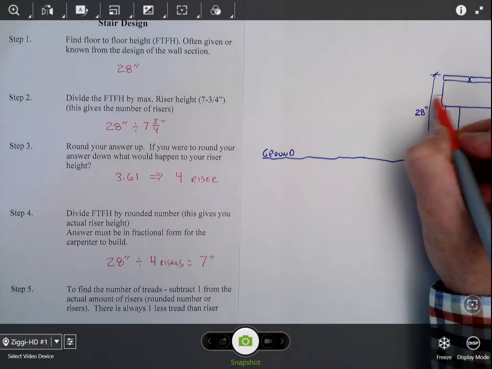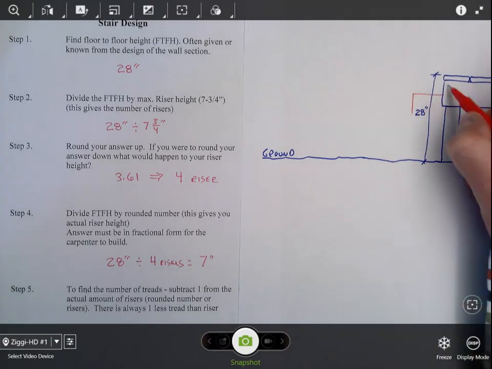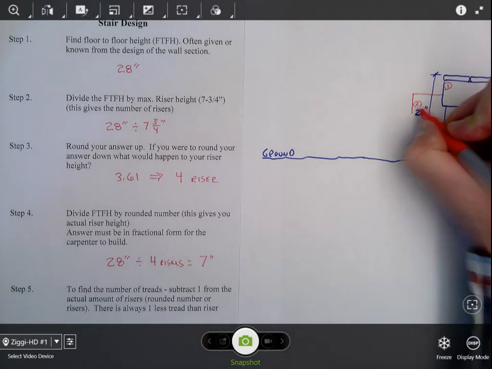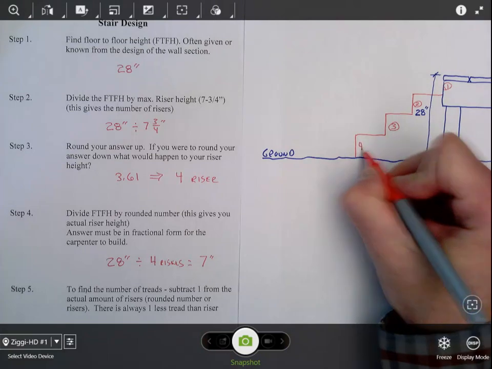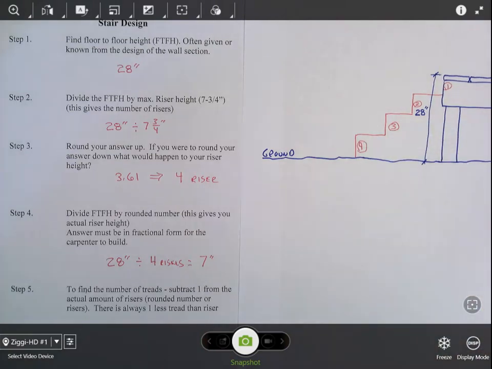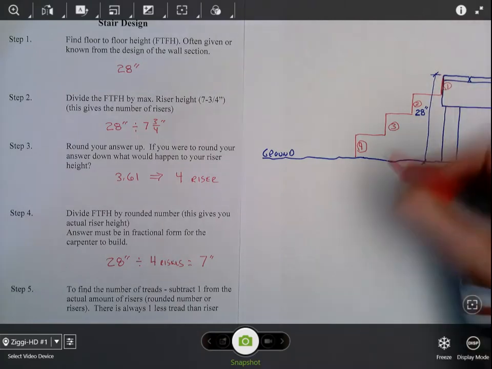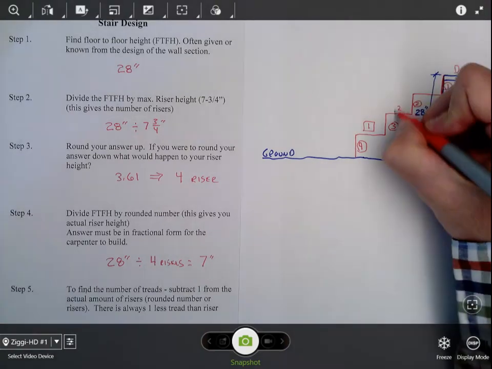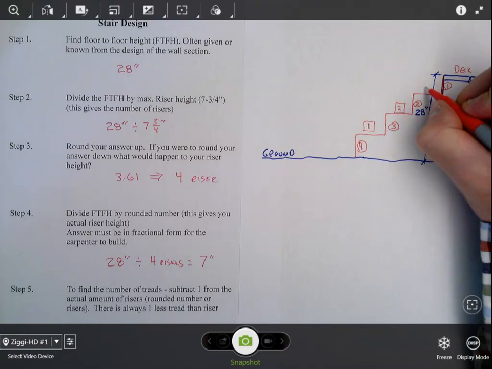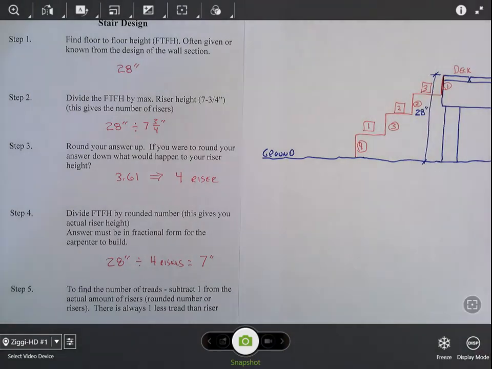Here's the 1st riser, here's the 2nd riser, that would be the 3rd riser, and here is the 4th riser. So for that set of stairs we have 4 risers. If we look at the treads, we cannot count the ground or the deck as one of the treads. So the first tread is right there, the 2nd tread is right there, and the 3rd tread is right there. You can see we have 4 risers and we have 3 treads.